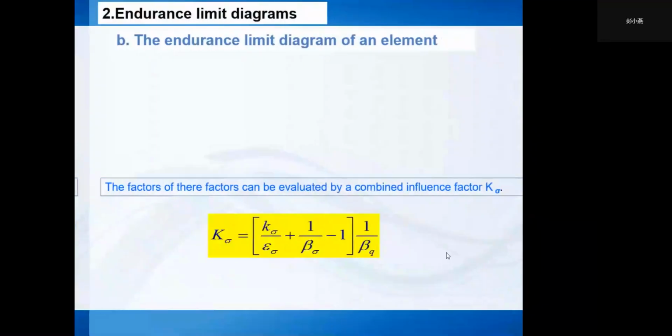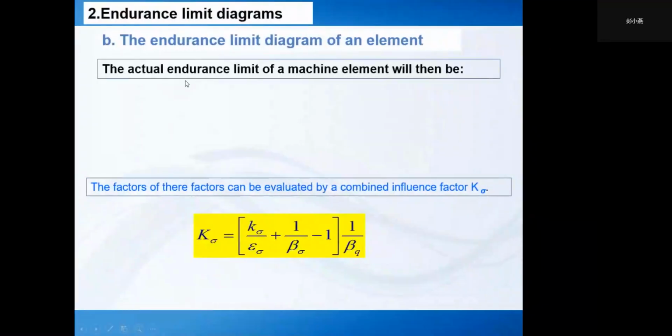Okay, and then the actual endurance limit of a meshing element will be sigma -1e for element is equal to sigma -1, this is for material, over the combined influence factor K sigma.